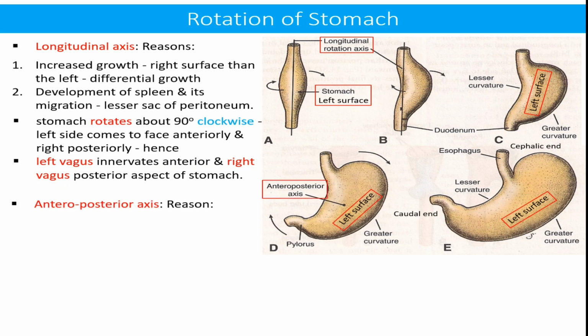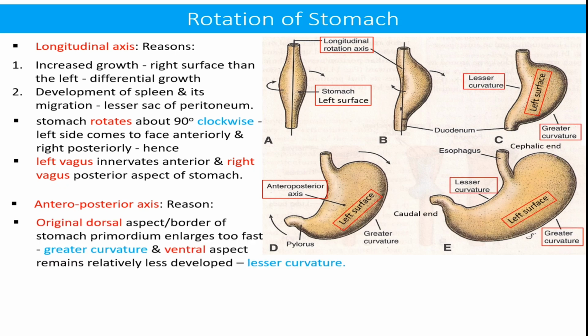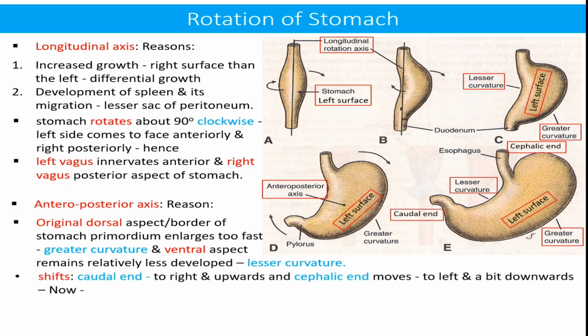The reason for rotation around the anteroposterior axis is the increased growth along the dorsal or posterior aspect, or the posterior border, of the stomach primordium, which enlarges too fast and forms the greater curvature, and the ventral aspect remains relatively less developed and forms the lesser curvature.